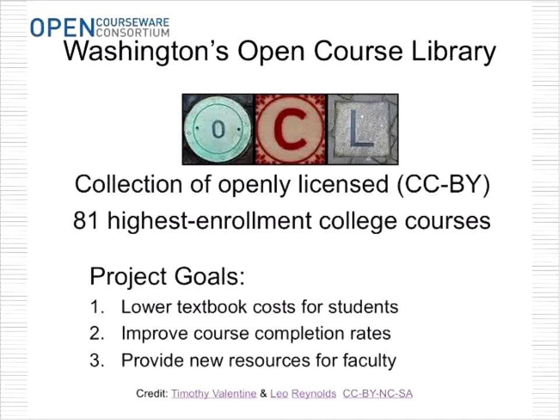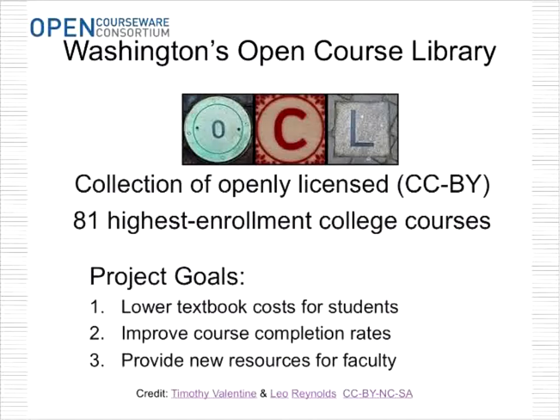So at this point, I just want to give a very brief introduction before I turn this over to Ellen. The Washington Open Course Library was started about 2.5 years ago in Washington State. Washington State had a vision, along with the Gates Foundation and, of course, the Washington State Board of Community and Technical Colleges, that developing a library of the top 81 highest enrolled courses would be an excellent project for open education from a number of perspectives.